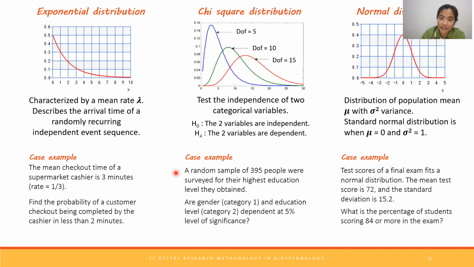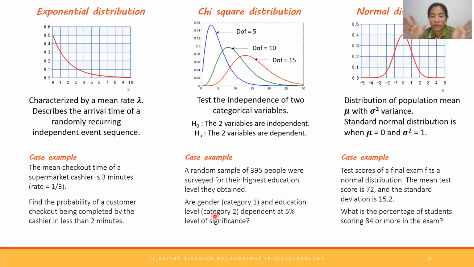Since it is a categorical variable, these 395 people are categorized into two groups. The first group is gender, which is men, women, or not preferred. In this world now, there's a not preferred option. Education level is category 2, so it could be high school finisher, university, or postgrad.